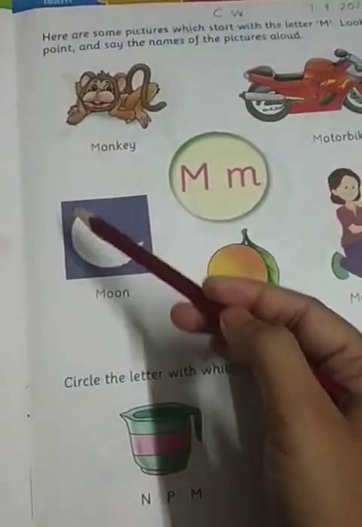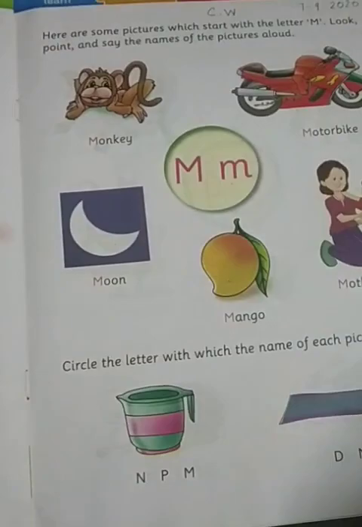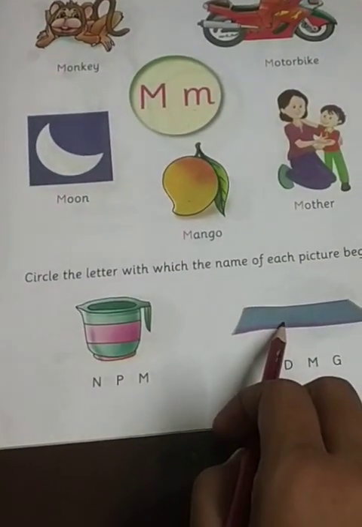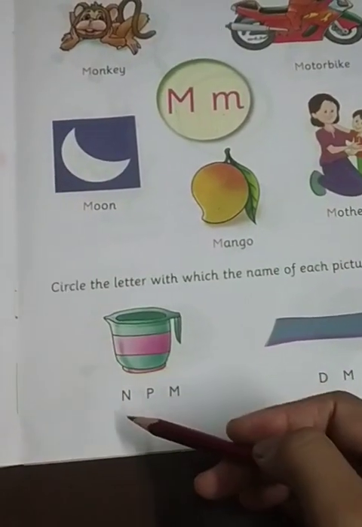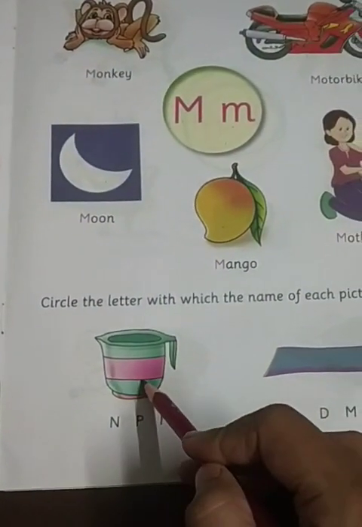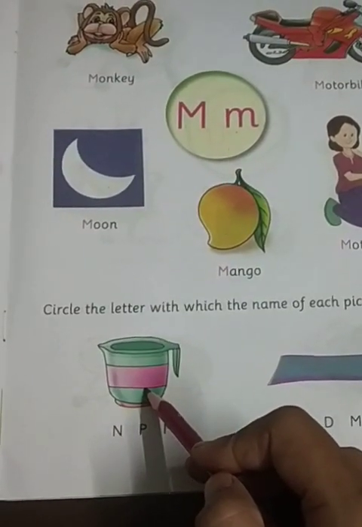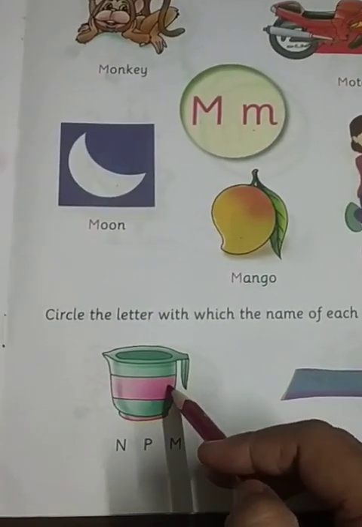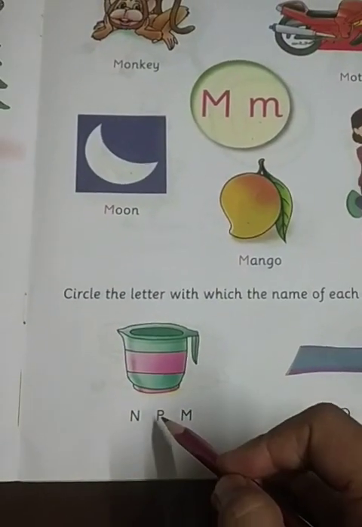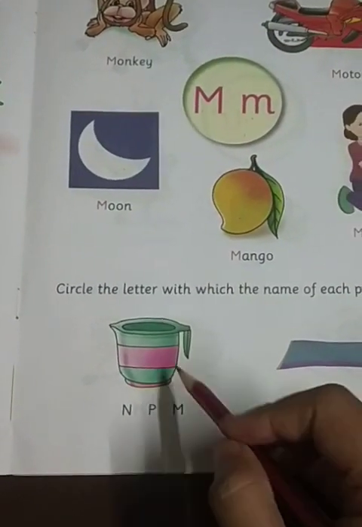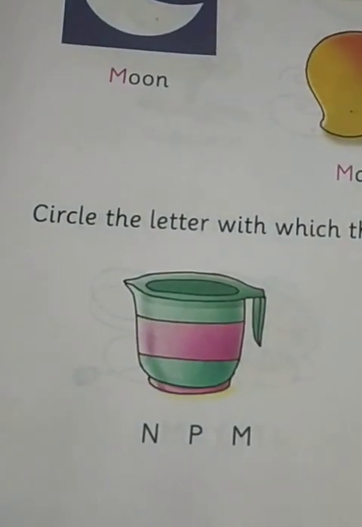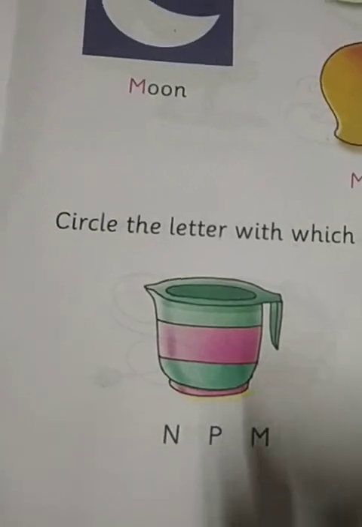Learn all the pictures that begin with letter M. Okay? And here we have some pictures, and what we need to do is, here we have to circle. Which picture is this? This is a mug. The mug starts with letter N for mug, P for mug, or M for mug. Think. किस letter से आएगा mug? M letter.